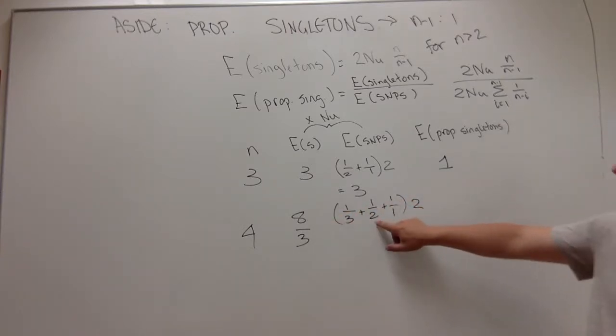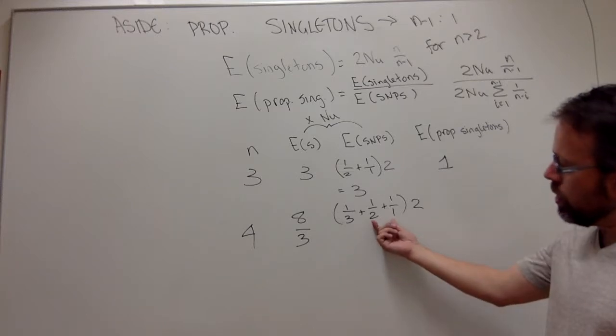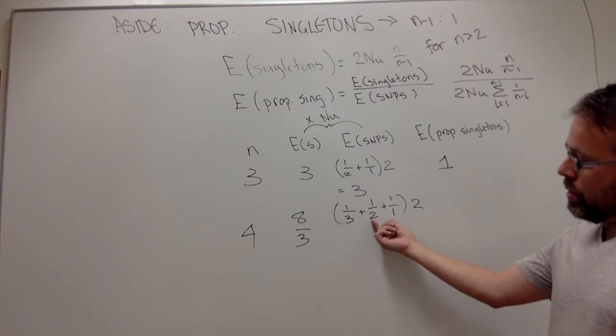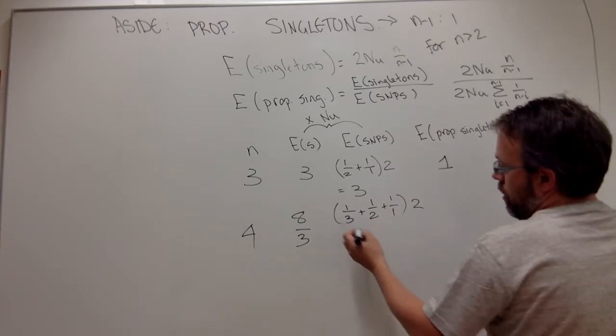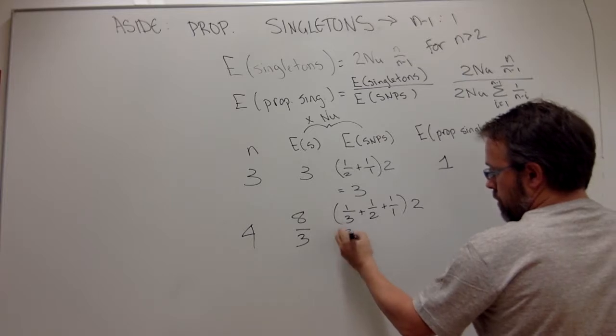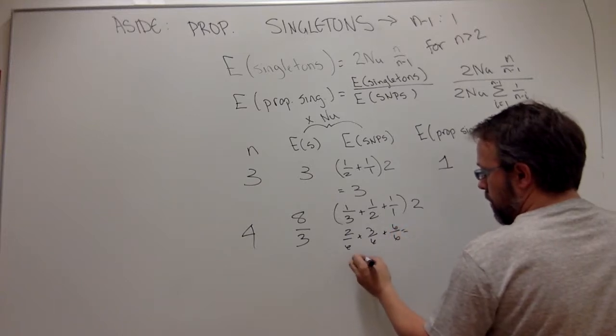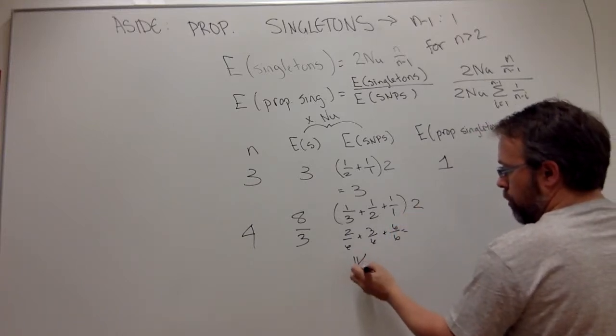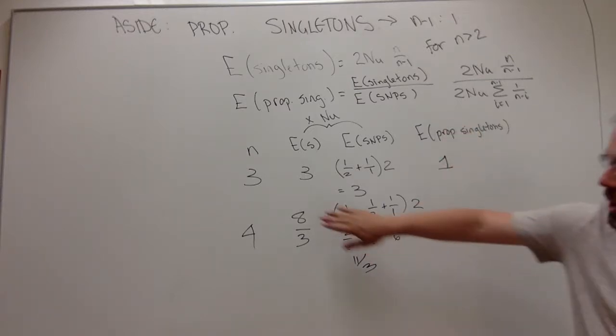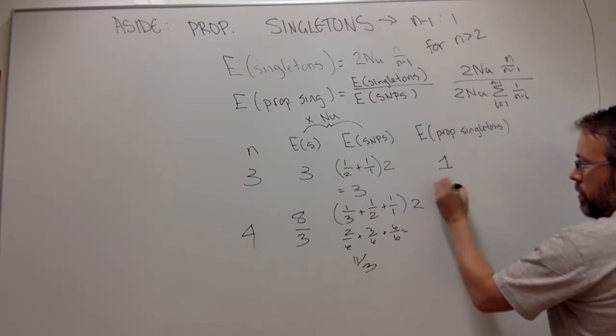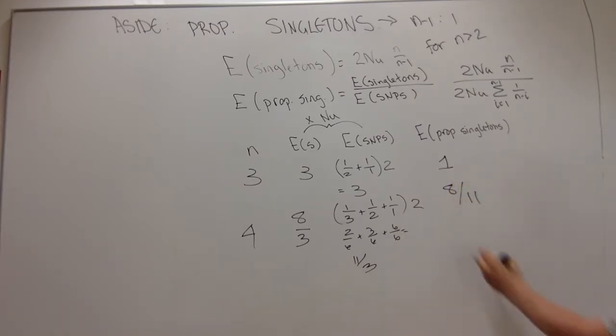That's 2/6 plus 3/6 plus 6/6, which is 11/6 times 2, or 11/3. And so our proportion is 8/3 over 11/3, or 8/11. That makes sense, because if we think about a 4 taxon tree, we have a lot of branches where mutations give singletons, and we only have this one where they don't.